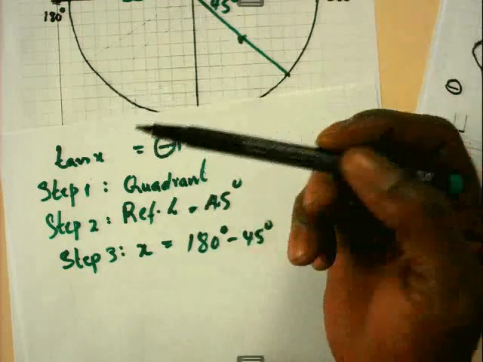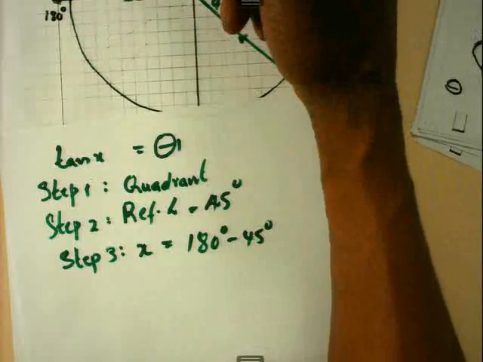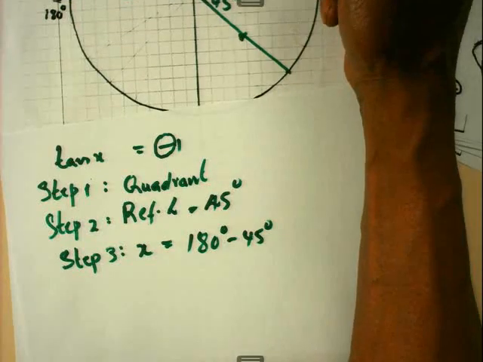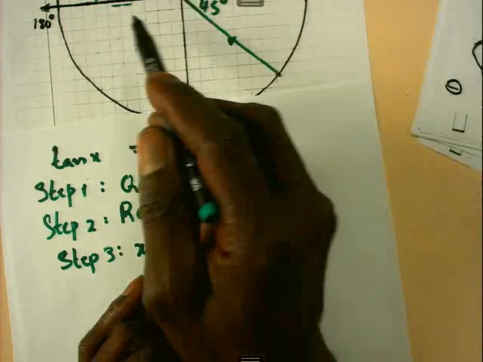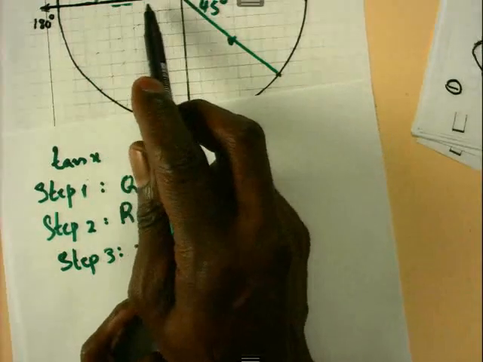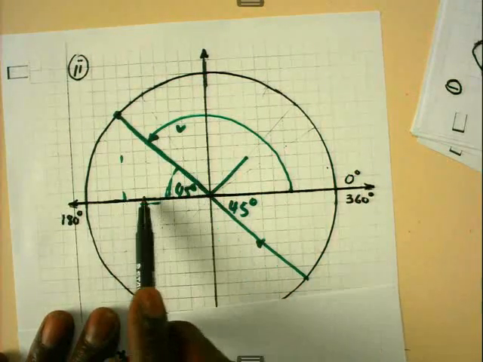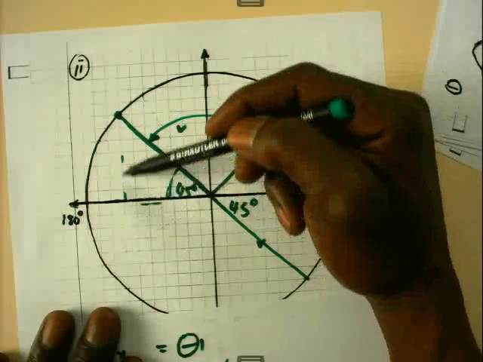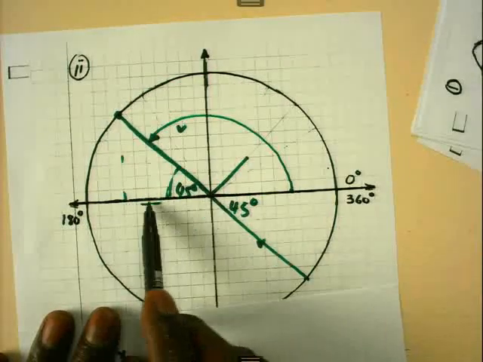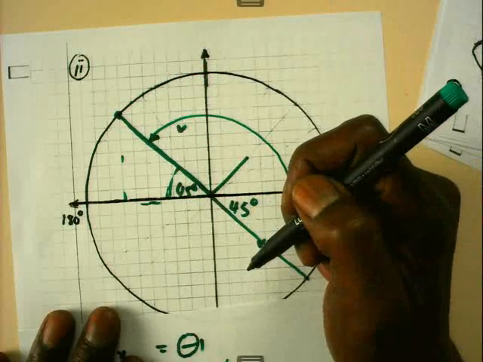Of course, what makes tan negative in the second quadrant is that the opposite side corresponds to the y values that are positive, and the adjacent side corresponds to the negative x value. So a positive value divided by a negative value will give you a negative value, which makes tan negative in the second quadrant.